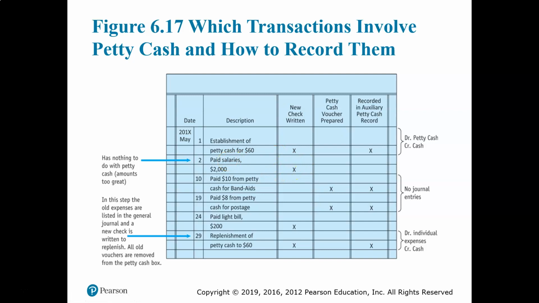It's too great for petty cash. For Band-Aids, prepare a voucher, record in the petty cash. For postage, prepare a voucher, record in the petty cash. Pay light bill, a new check would be written. Replenishment of petty cash, you debit the individual expenses and credit cash.